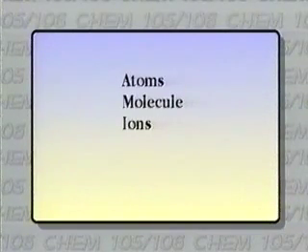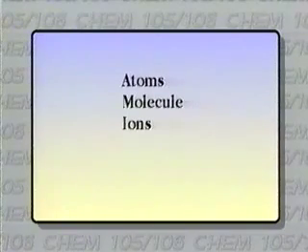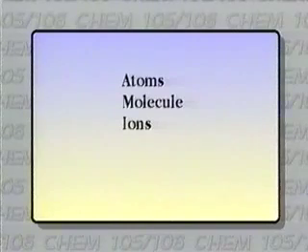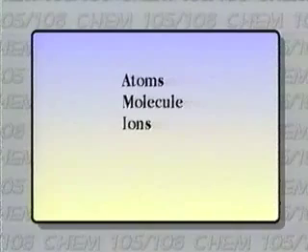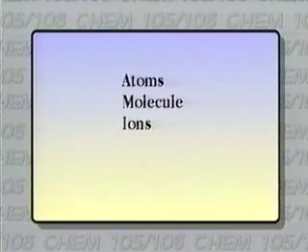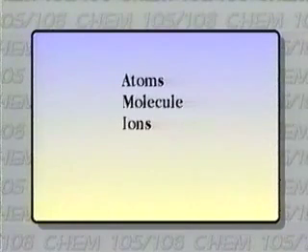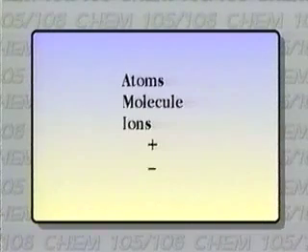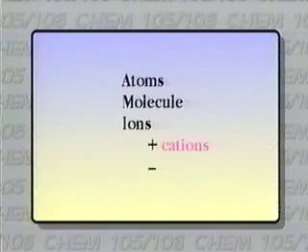Or if we dissolve some things in water, they go in as molecules, neutral particles. But sometimes when we dissolve materials, they go in as charged particles called ions. And of course we have two types of ions, those with a positive charge and those with a negative charge. The positive charged ones we referred to as cations, and the negative charged ions are referred to as anions.